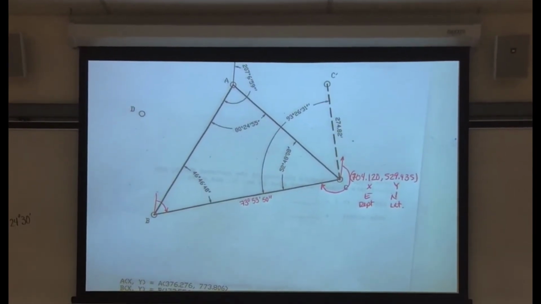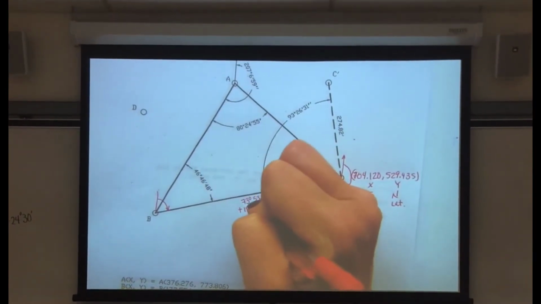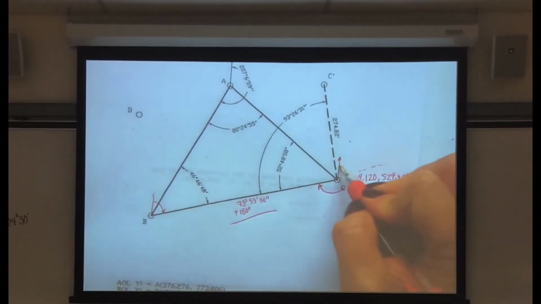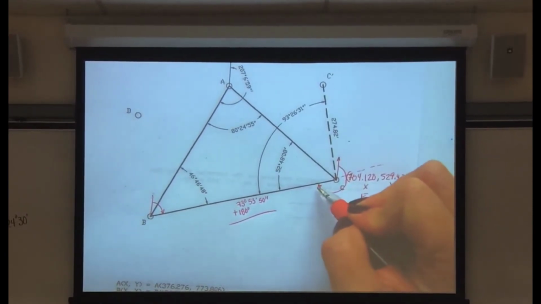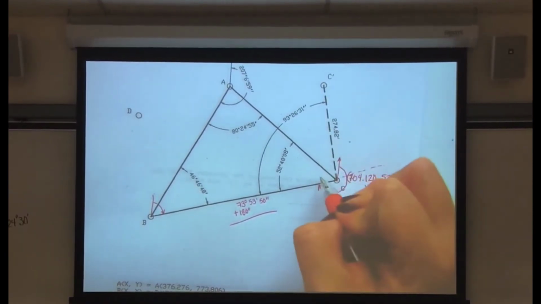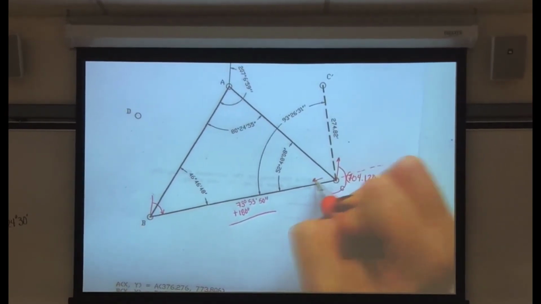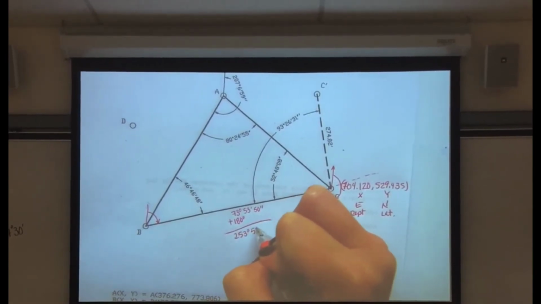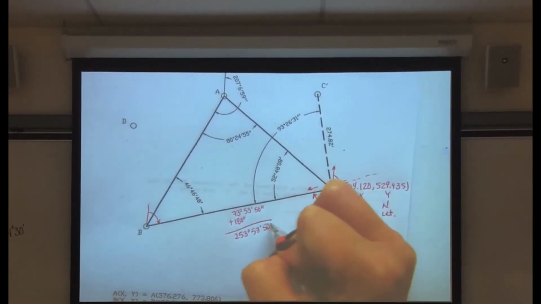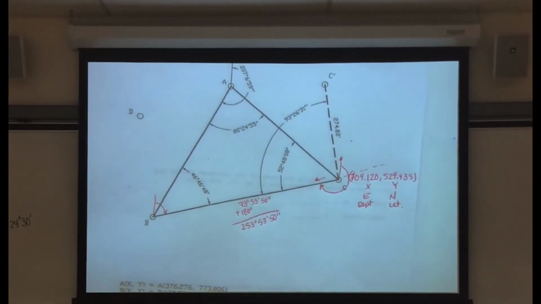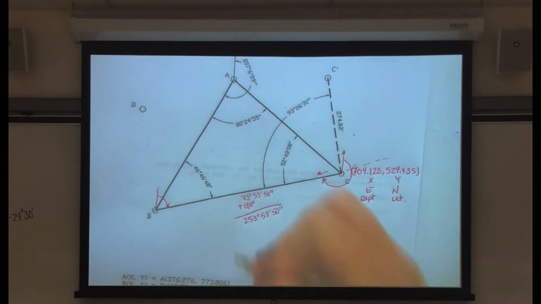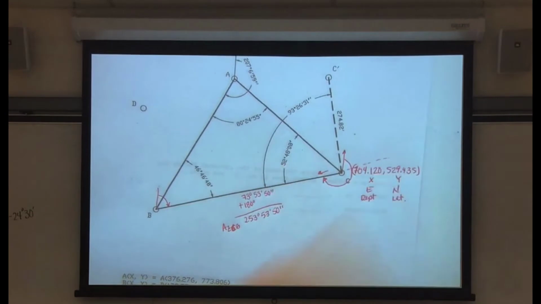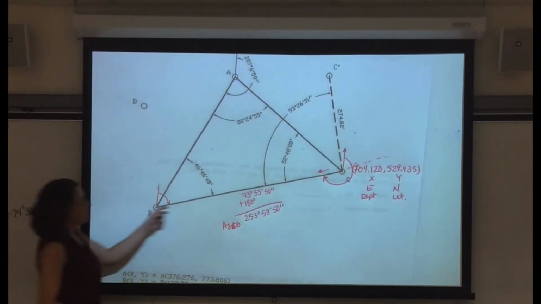We have to add 180 degrees, because if this line keeps being projected out, we add 180 to get the azimuth going this direction. So that azimuth is 253 degrees, 53 minutes, and 50 seconds. That's the azimuth from C to B.